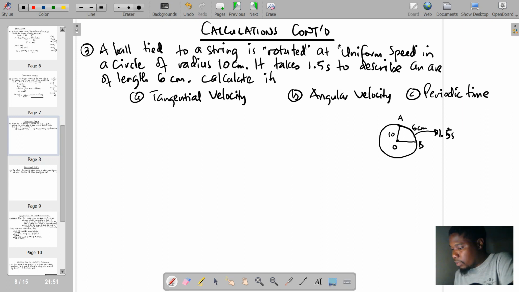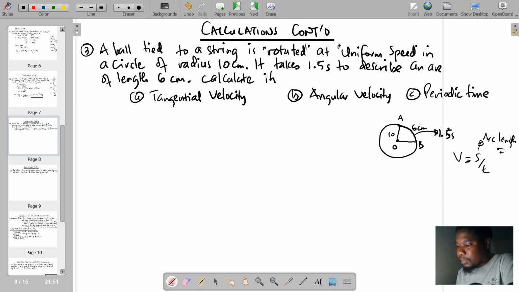Remember, we looked at this formula that said velocity, or tangential velocity, or linear velocity, was displacement over time. You remember in circular motion, this displacement is simply the arc length. This is not angular displacement, it's just a linear displacement.